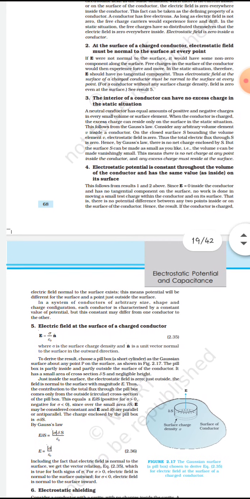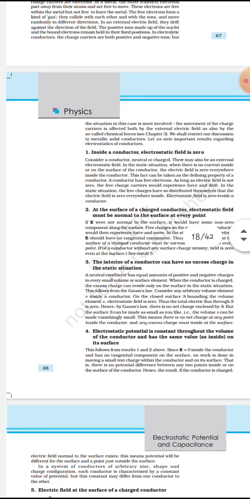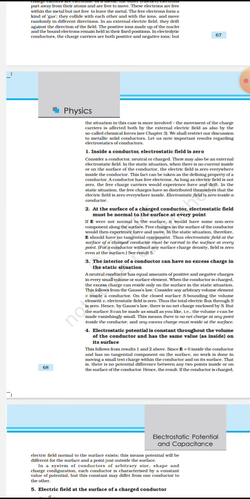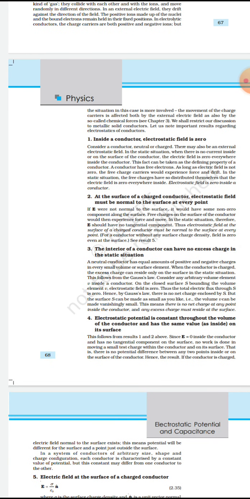A neutral conductor has an equal amount of positive and negative charge in every small volume or surface element. When the conductor is charged, the excess charge can reside only on the surface in the static situation. This follows from Gauss's law that we learnt. Consider any volume element and a closed surface bounding the volume.